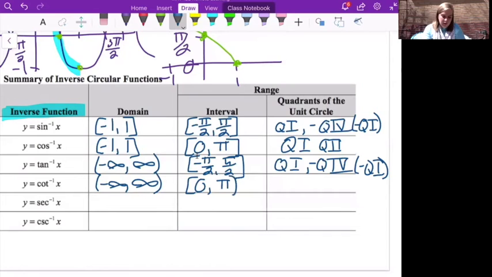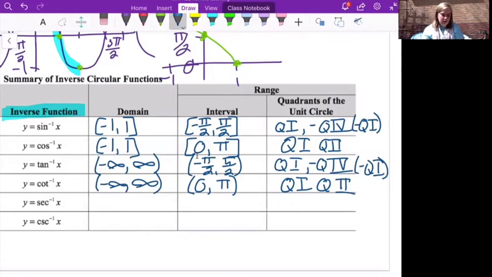And I actually need to make these brackets for tangent and cotangent parentheses, because it can never actually equal these angles, because cotangent of 0 is undefined. So therefore, we can't take cotangent inverse of a value to get 0. And so again, cotangent is going to follow the same as cosine. So this is going to be in quadrant 1 and quadrant 2.